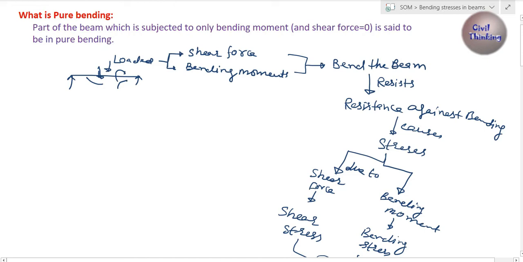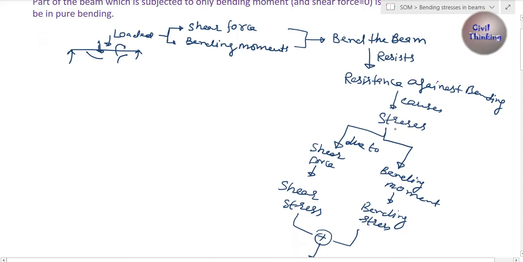Now they try to bend the beam, and there is some strength in the beam which is responsible for resistance against bending, which does not let it bend, all right, which leads to the stress. Okay, we have to find these stresses. Now stresses can be due to shear force, then it's called shear stress.